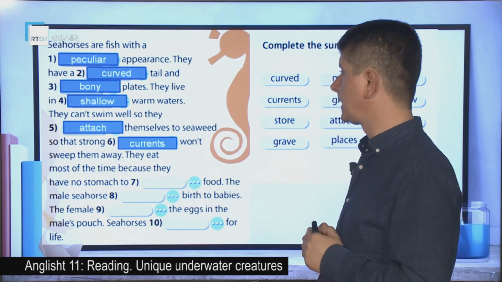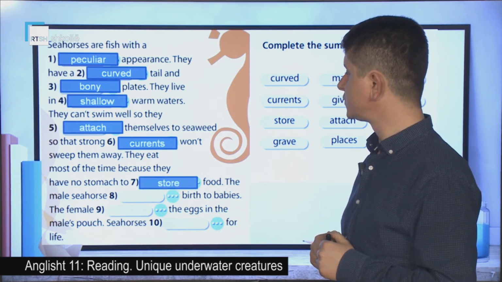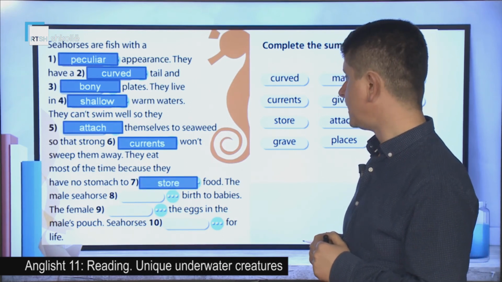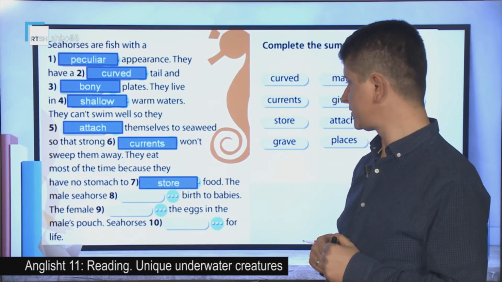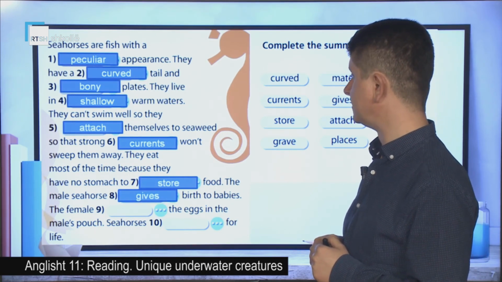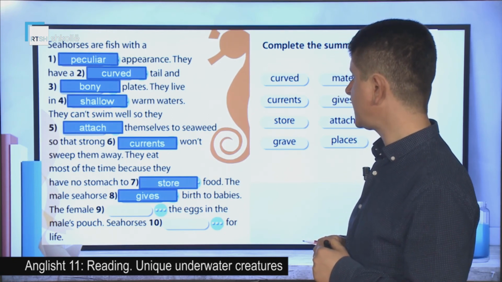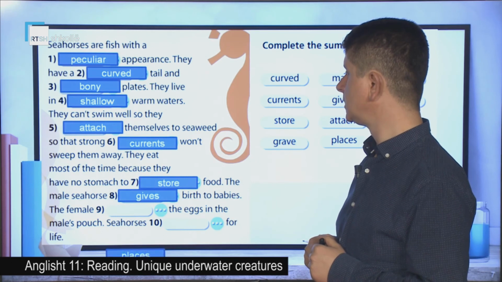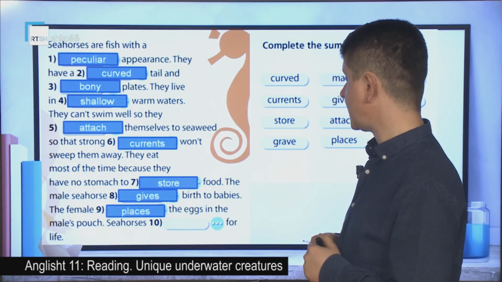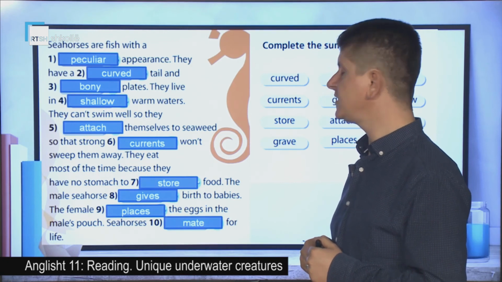They eat most of the time because they have no stomach to store food. Number 8, the male seahorse gives birth to babies. And number 9, the female places the eggs in the male's pouch. Seahorses mate for life.